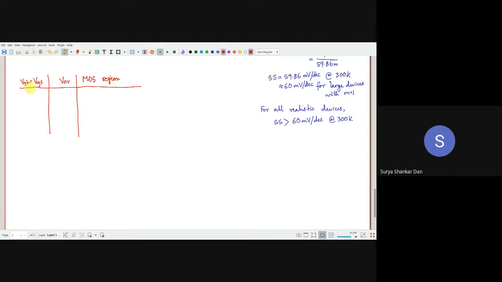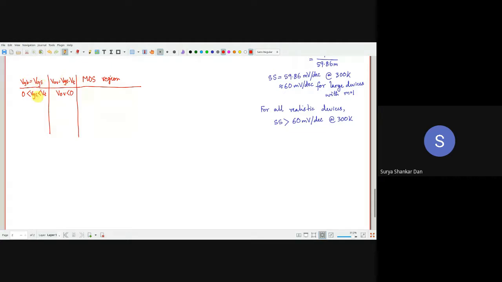So what we are trying to do from 0: VGS less than VT. What is the VOV? It is negative. Remember, VOV is the gate overdrive, VGS minus VT.